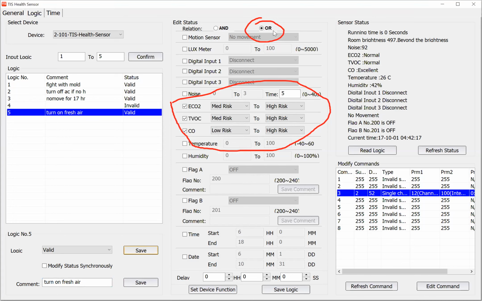Then we add another logic here. I'm changing to 32.